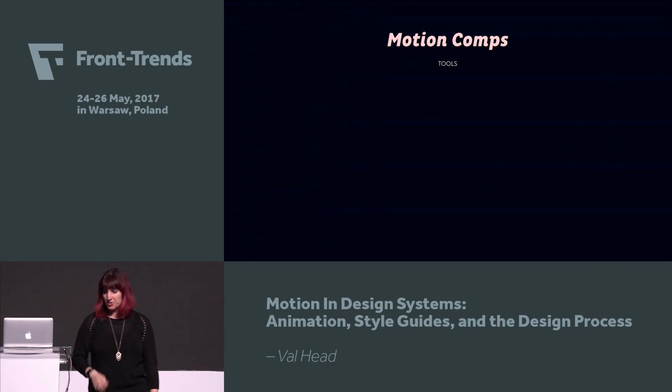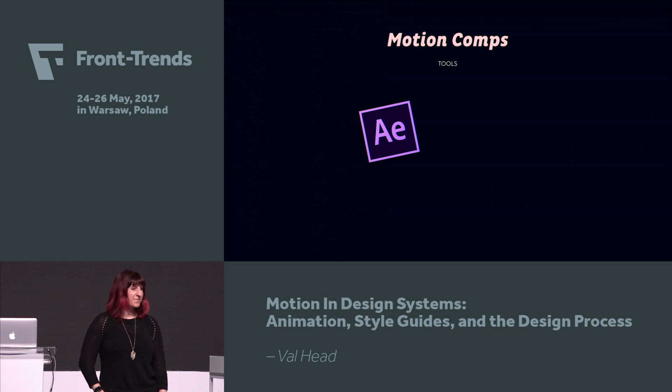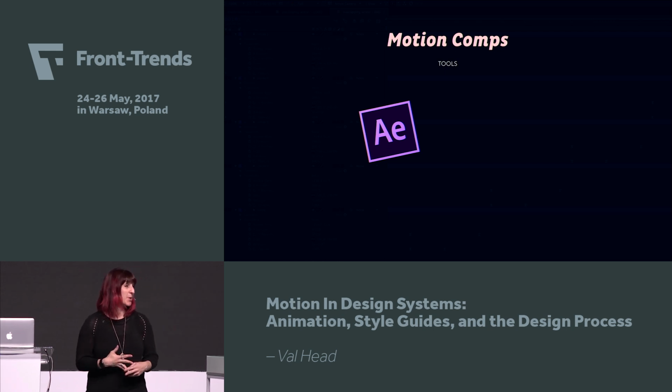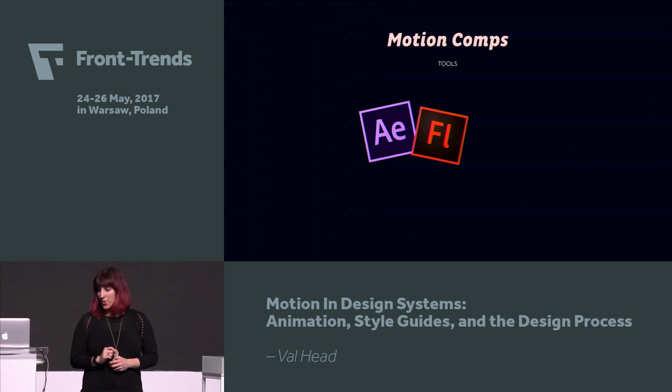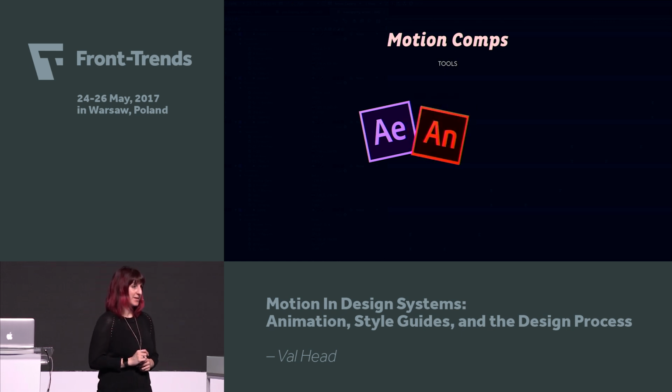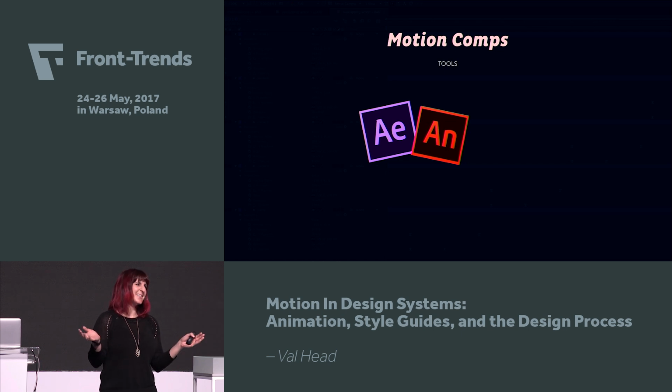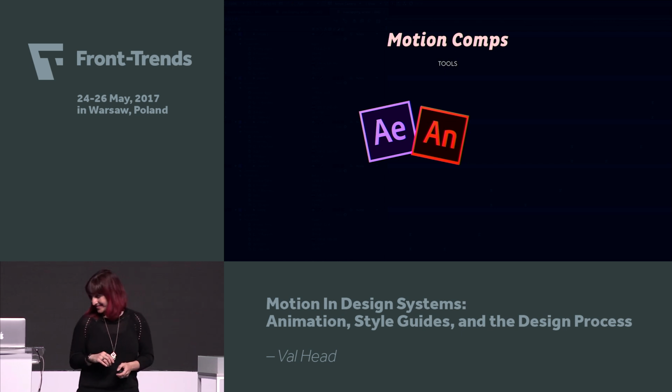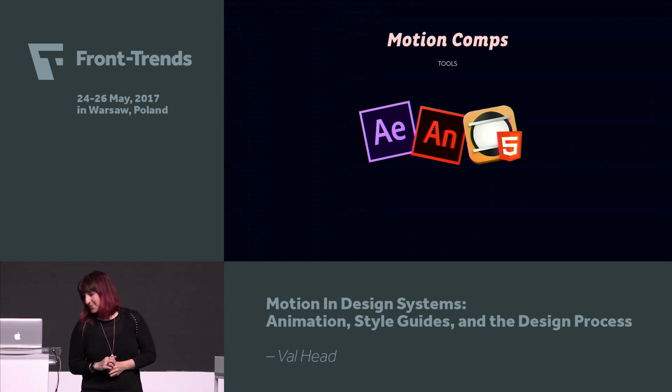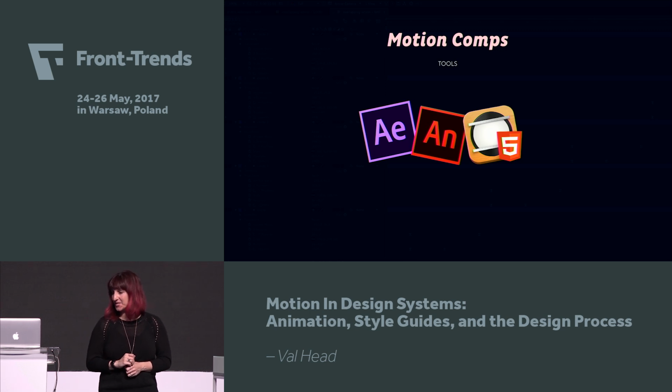Some tools that people use for motion comps are things like After Effects. That gets used a lot, especially by people who have a background in motion design and already know it. Also Flash, or as we're supposed to call it now, Adobe Animate CC. Same thing, different logo. And then also something like Hype, if you want to get out of a slightly different ecosystem.